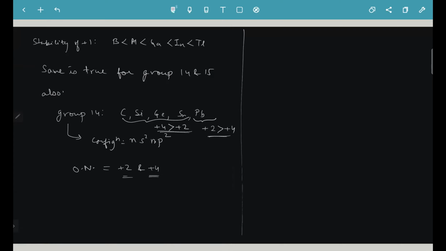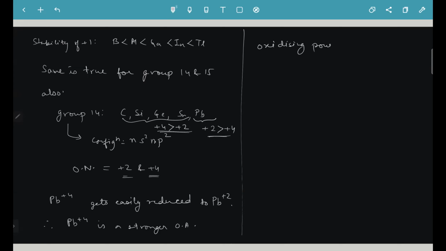This shows that Pb +4 gets easily reduced to Pb +2 because Pb +2 is more stable. Therefore, Pb +4 is a stronger oxidizing agent. We can compare the oxidizing powers: the oxidizing power of the +4 state increases down the group.